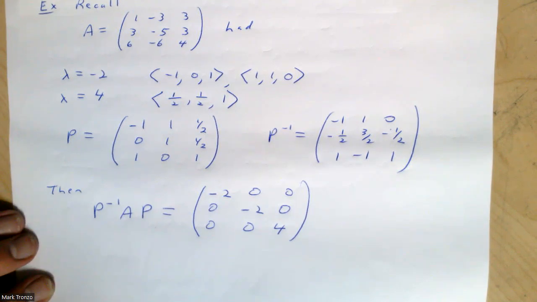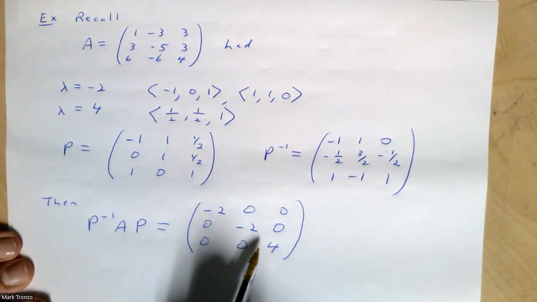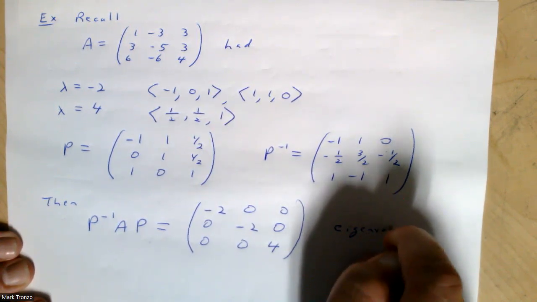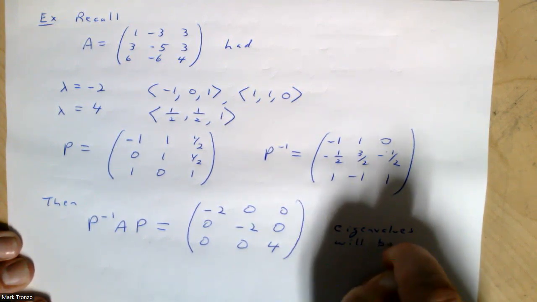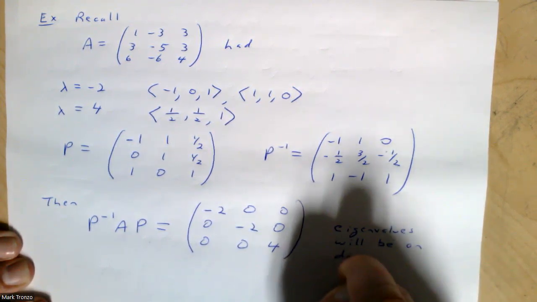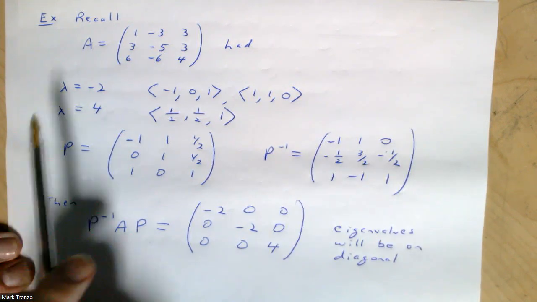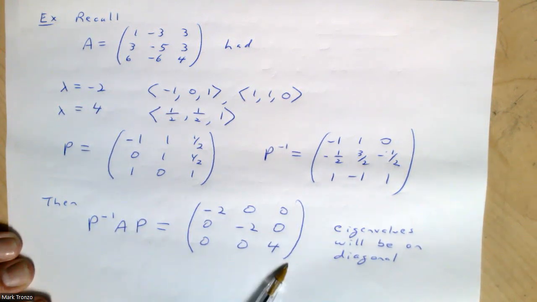And further, notice one more interesting thing. The eigenvalues will be on the diagonal. Remember, our eigenvalues were minus 2 and 4. We see minus 2 and 4.